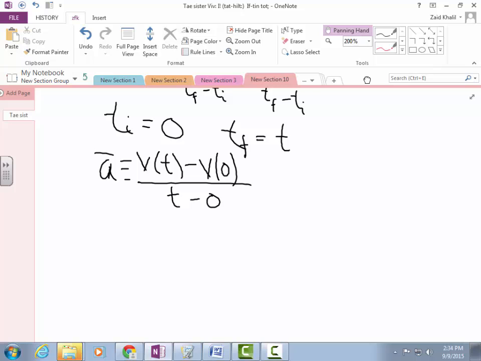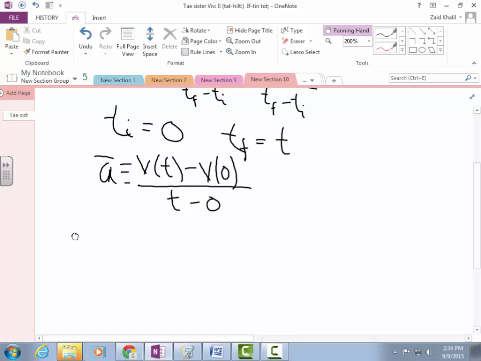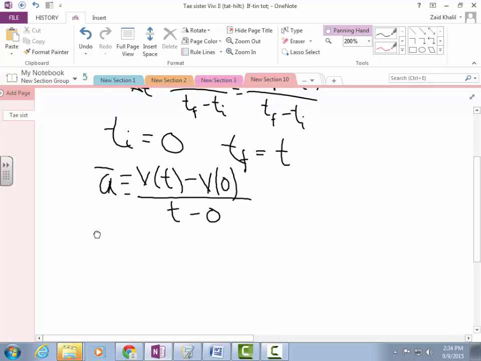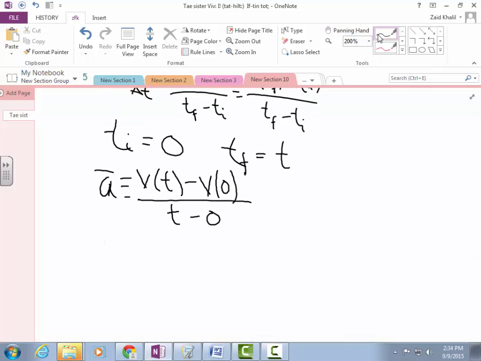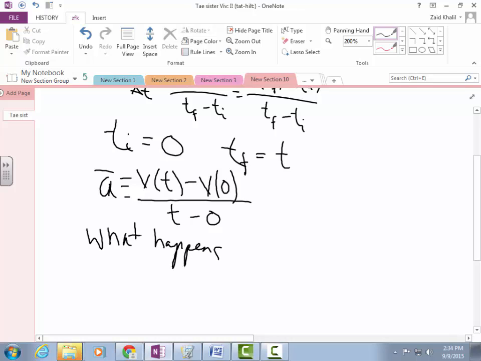So what happens if A is constant? And what am I saying here? When I say what happens if A is constant, what does that mean?